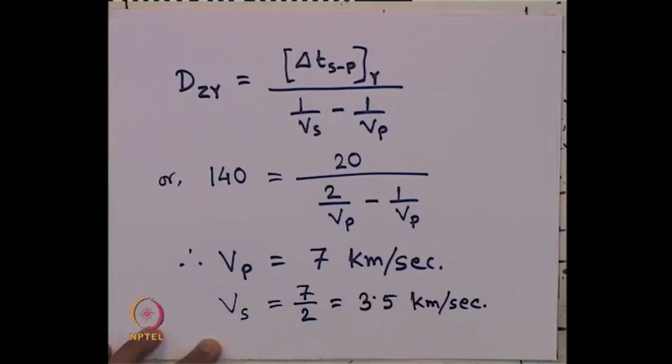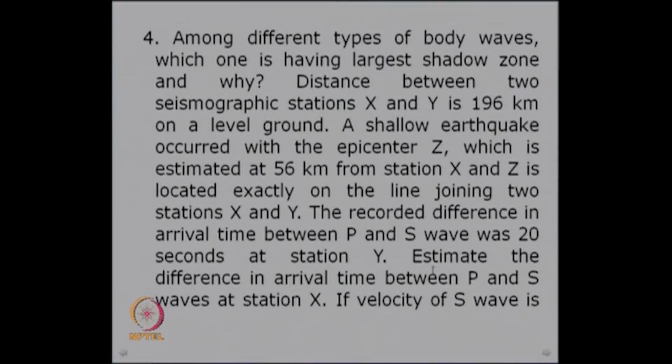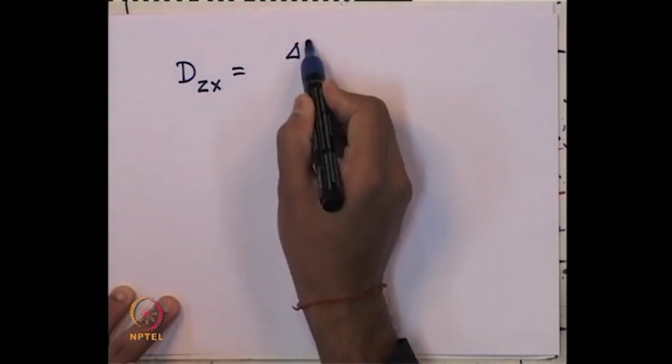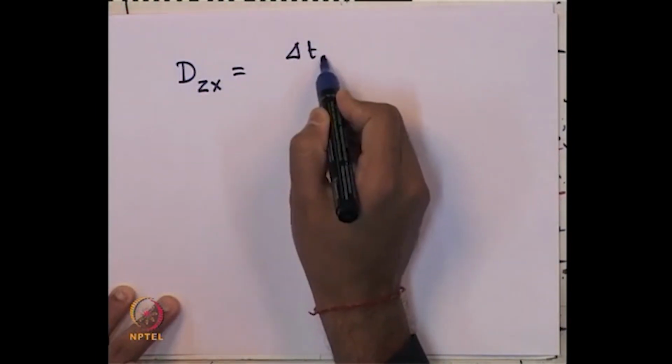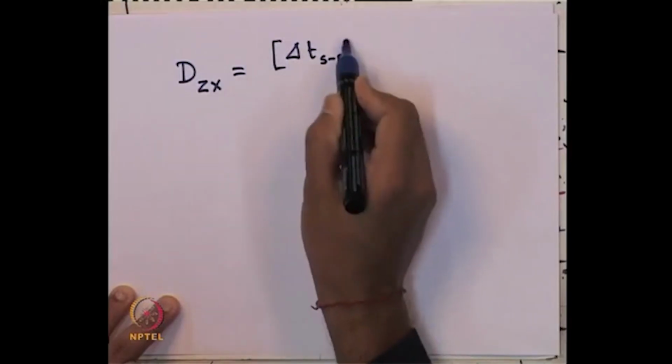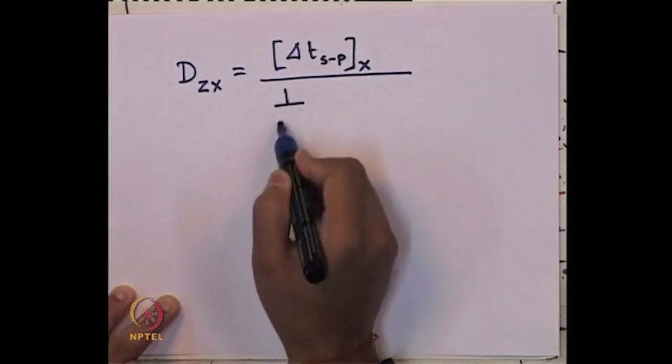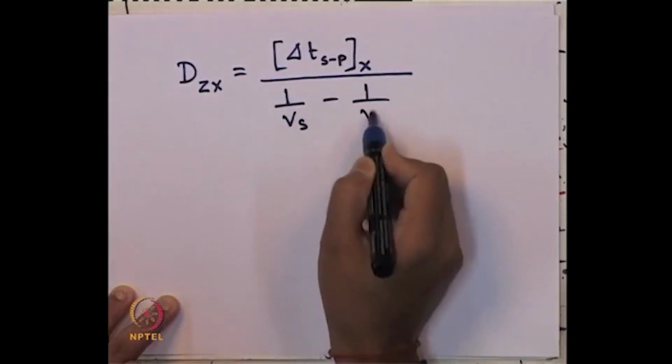Another thing has been asked to find out. Let us look at the question. Estimate the time difference of arrival between P and S wave at station X, that also we need to find out. So, to do that, the next part is d of ZX, which is nothing but delta t of S minus P at station X, which we have to find out, by 1 by Vs minus 1 by Vp.